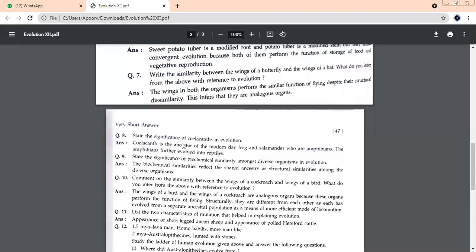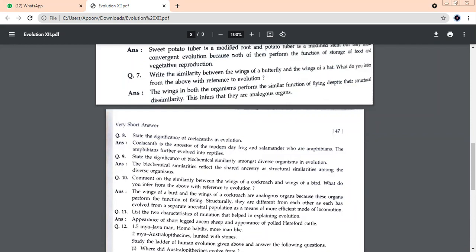Significance. First, this one, similarity between the wings of a butterfly and the wings of a bat. And what do you infer from the above? What do you mean by infer? Conclude. Yes, very good. It means conclusion. What conclusion can you get? Wings in both organisms perform the similar function. Both of them have the similar functions of flying.